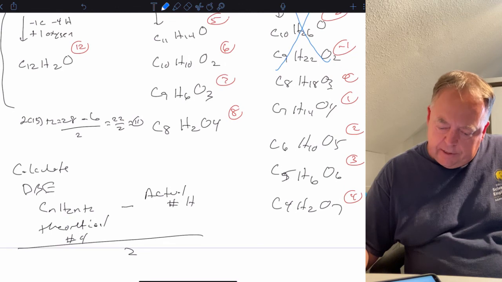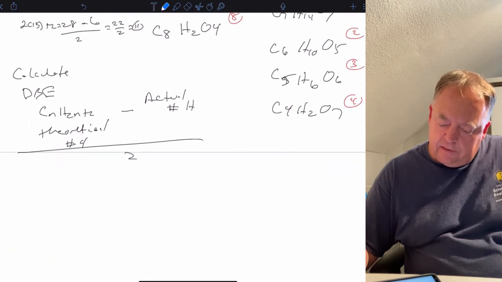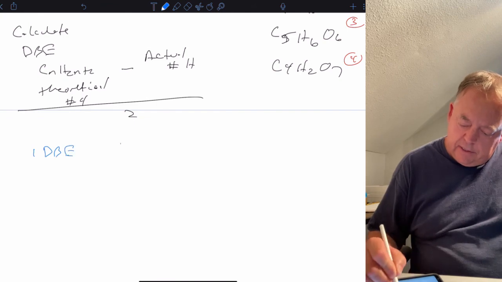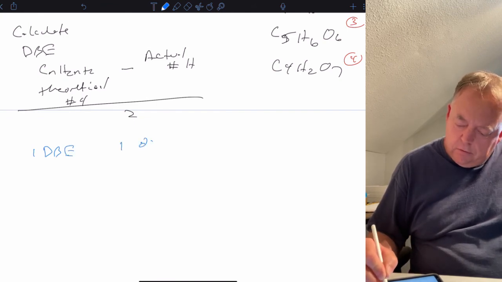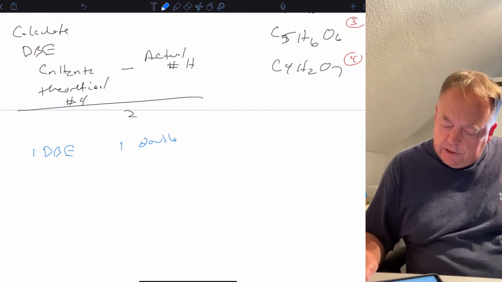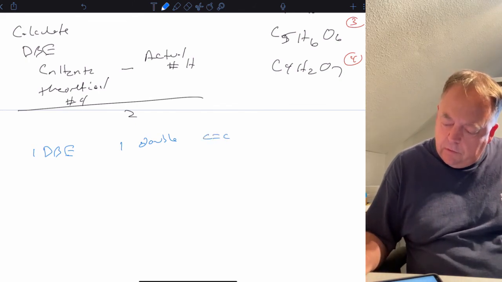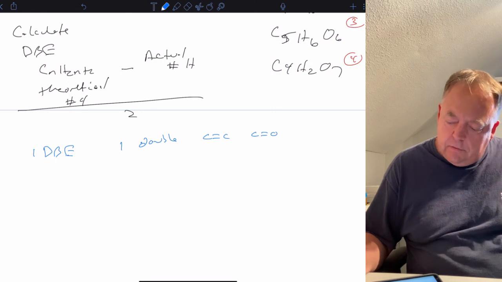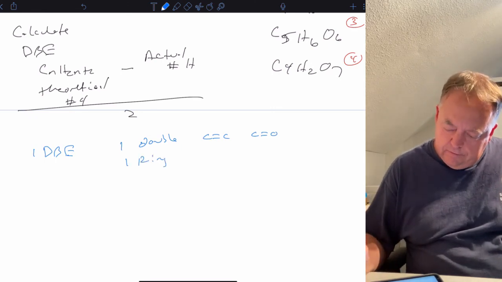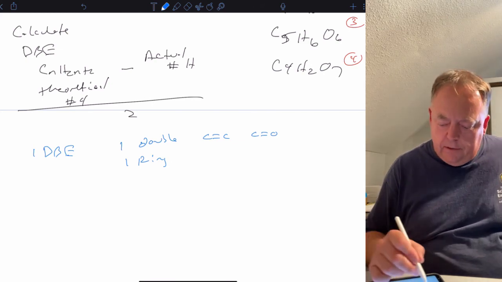Okay, so just to remind you, what does it mean for double bond equivalencies? If a molecule has one double bond equivalency, that means it has one double bond. And since this is only carbons, hydrogens, and oxygens, that means it could have a carbon-carbon double bond or a carbon-oxygen double bond, not both. Or it could have one ring. And if it has a ring, then it doesn't have a double bond. Right?